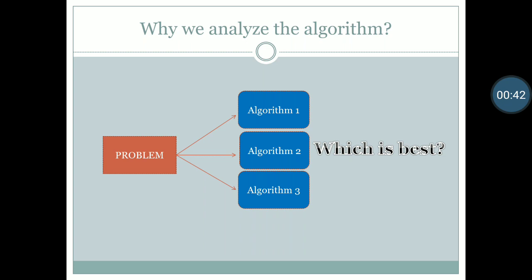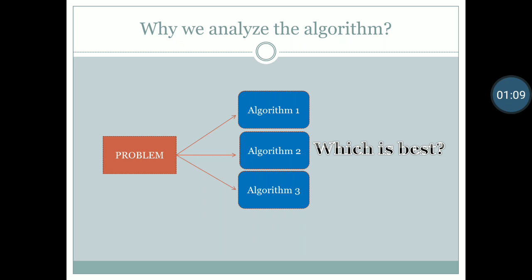So, first of all, our main question is why we have to analyze the algorithm. Here, as shown in the figure, we have a problem, and we are going to solve that problem in three different ways. Means for a particular problem, we are creating three different algorithms.